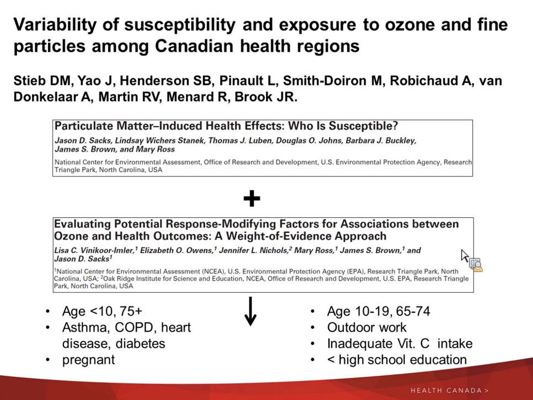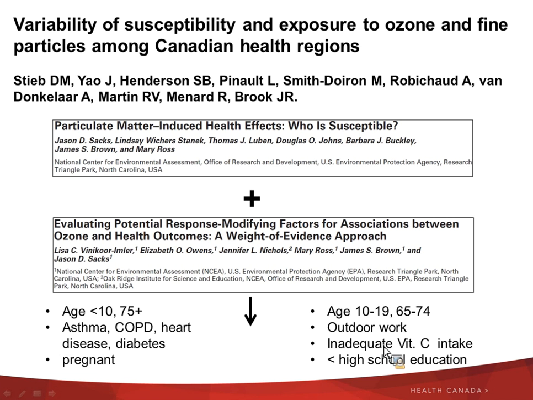And this allowed us to identify a number of factors that could be quantified in the Canadian population. So we divided this into a restrictive set of criteria, which was children under 10 or adults 75 and over, people with asthma, COPD, heart disease, or diabetes, and pregnant women.